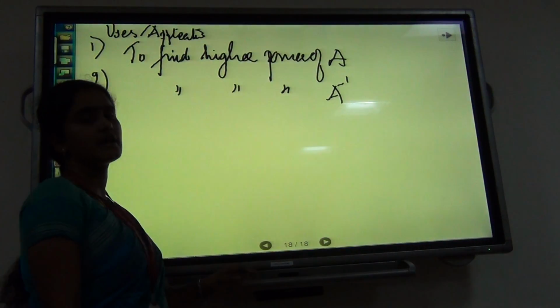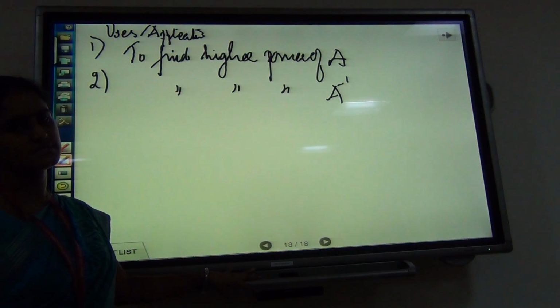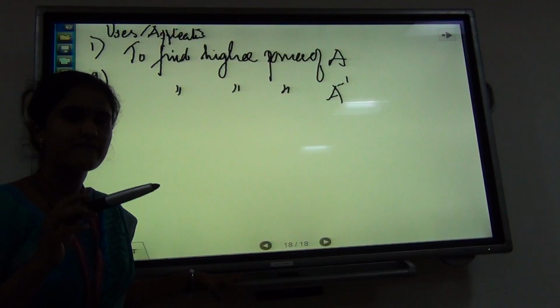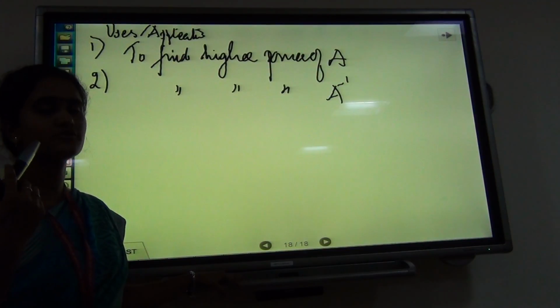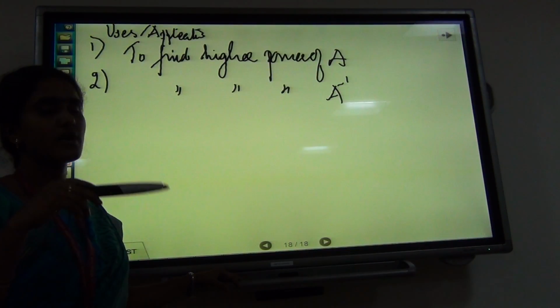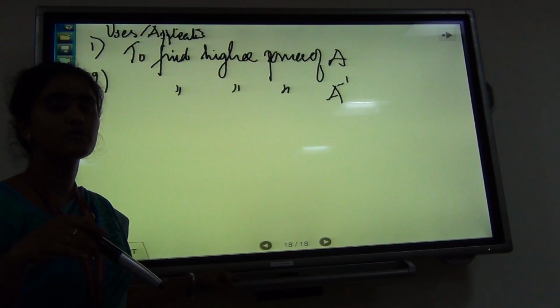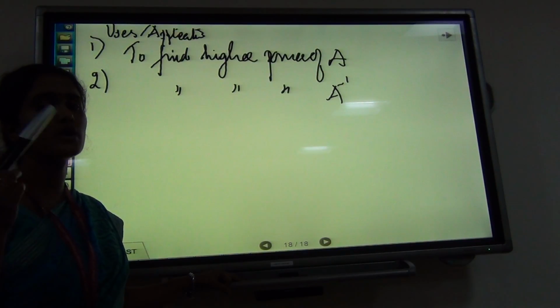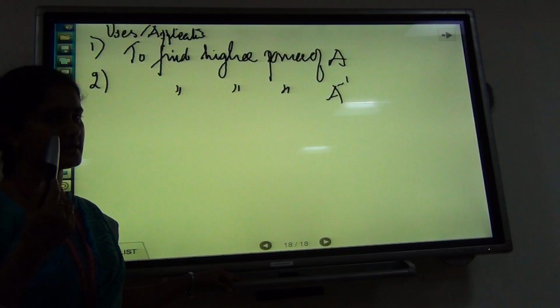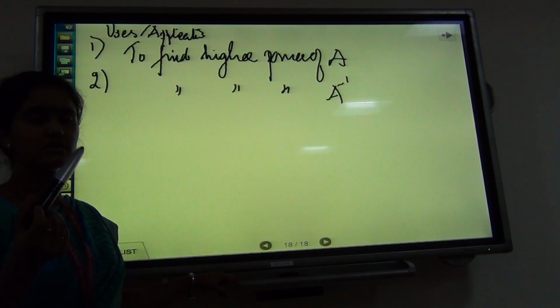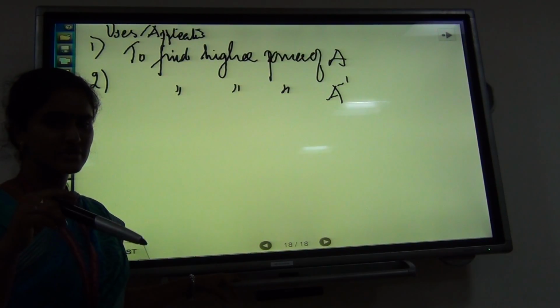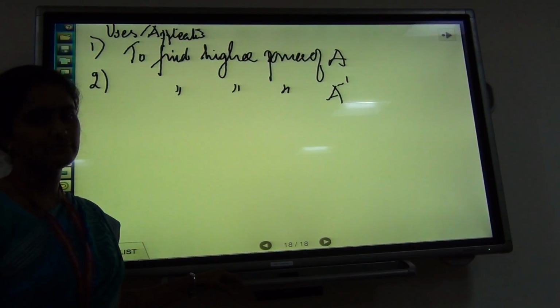Usually how do you find powers of A? You multiply A with another A matrix. In order to find A cube, you multiply A square with A. In order to find A power 4, you can multiply A square with A square, or A into A cube. Here in the Cayley-Hamilton theorem, using the characteristic equation, we can find the higher powers of A.